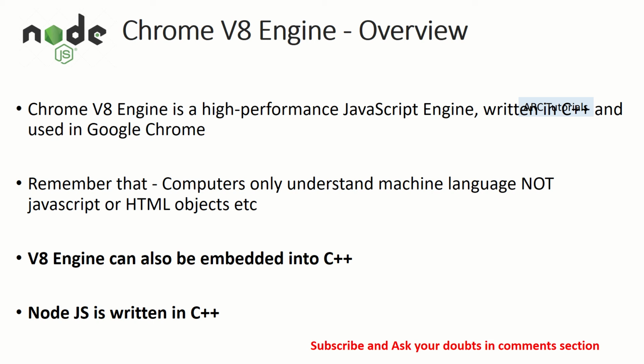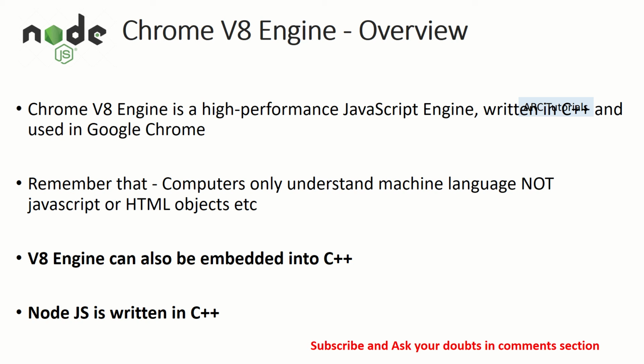Systems understand only machine language, so the code needs to be processed before it is sent to lower level machine language, assembly language. That's exactly the job of a JavaScript engine. So what does a JavaScript engine do? It will convert the JavaScript code into the machine language so that it can be understood at the lower level.